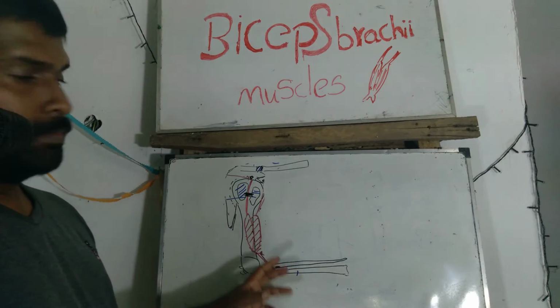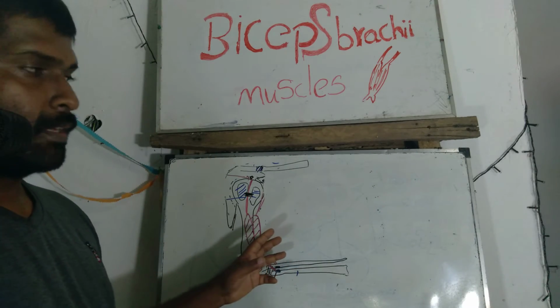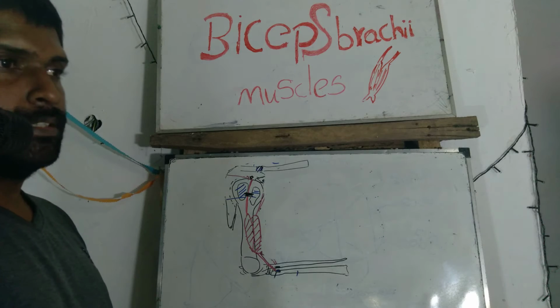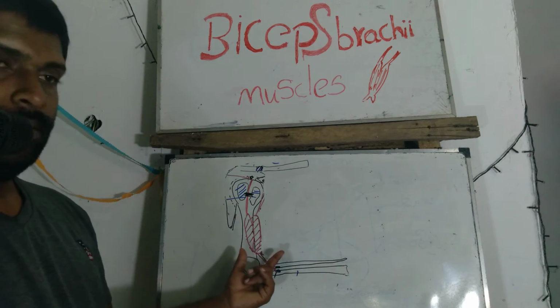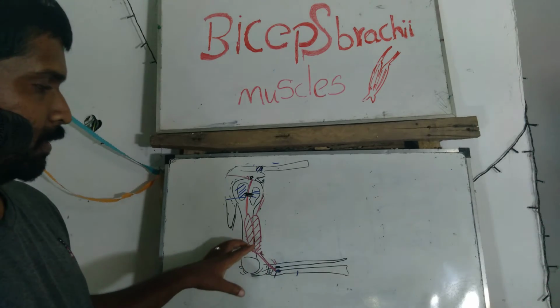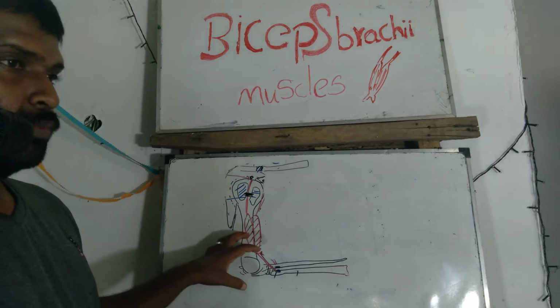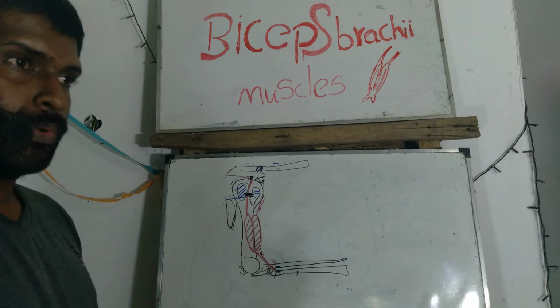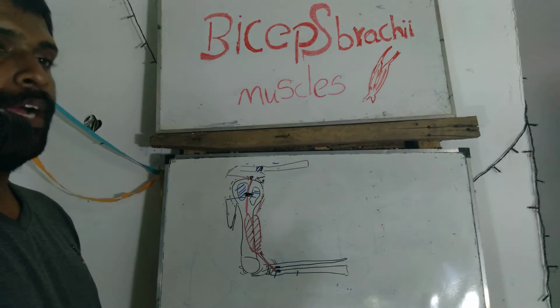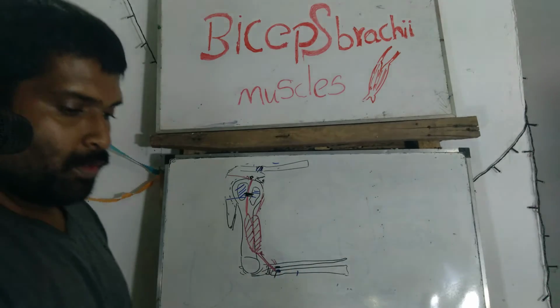Then we are going to talk about the return of blood to the heart, the venous return. Now we are going to talk about it from the muscle. There are two venous pathways.